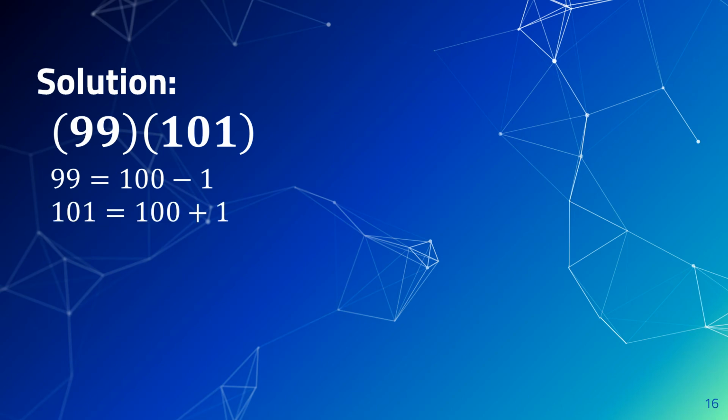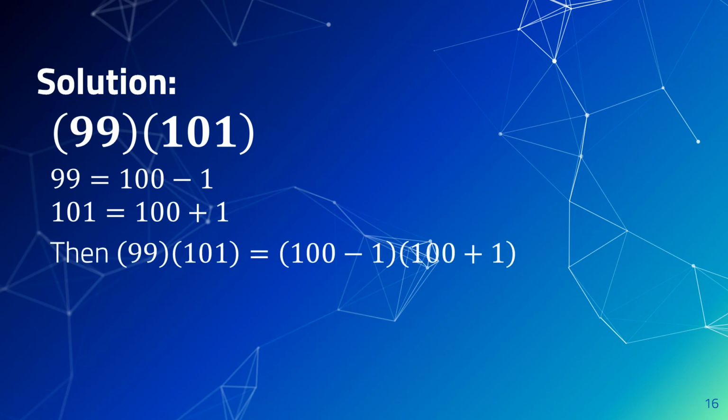Therefore, we can say that 99 times 101 is the same as 100 minus 1, which comes from 99, or the equal value for 99, and 101 can also be written as 100 plus 1. As you can see, this is actually the sum and difference of two binomials.